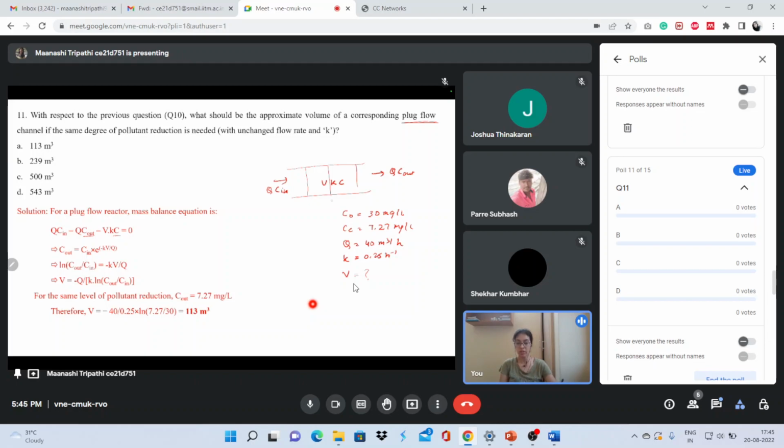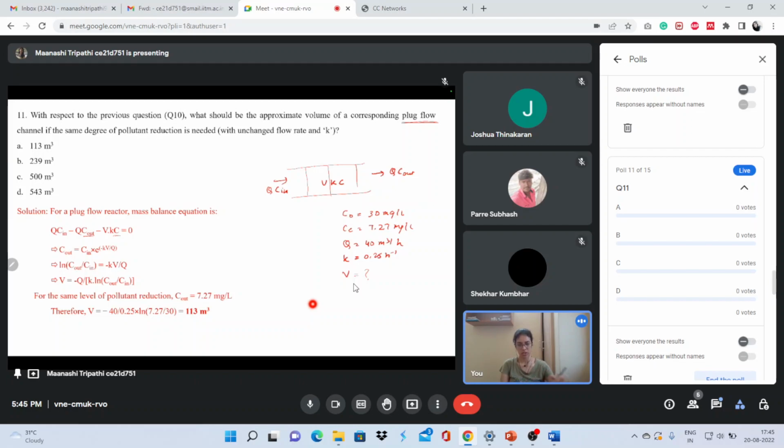So concentration will be different here and here. QC in minus QC out minus KCV, and QC out is QC in into e raised to power KV by Q. Solving this equation, we will get this. So ln C out by C in equals KV by Q, and when we solve it, we know the C out, so we will get this 113 meter cube.